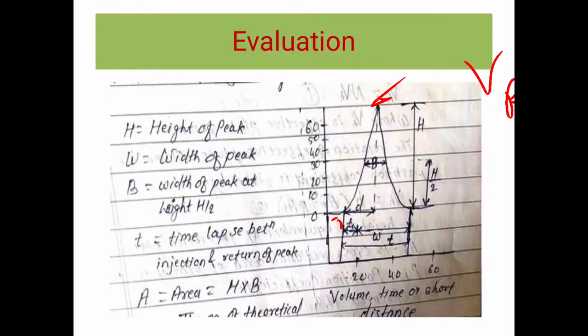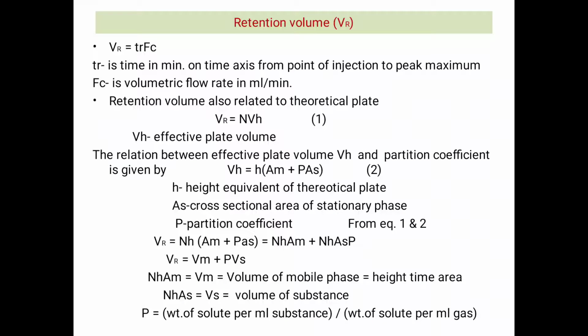Okay, so this is the equation, and the evaluation is carried out in terms of the retention volume, that is VR. The experimental retention volume for the chromatogram is given by the equation VR is equal to TR into FC, where TR is the time in minutes on the time axis from the point of injection to the peak maximum, and FC is the volumetric flow rate in ml per minute.